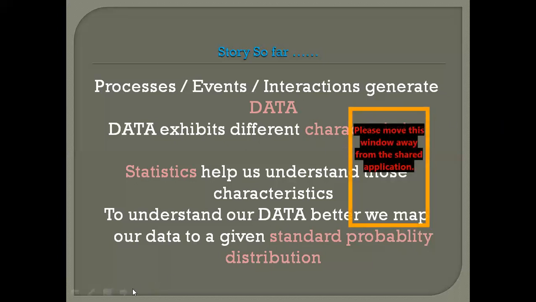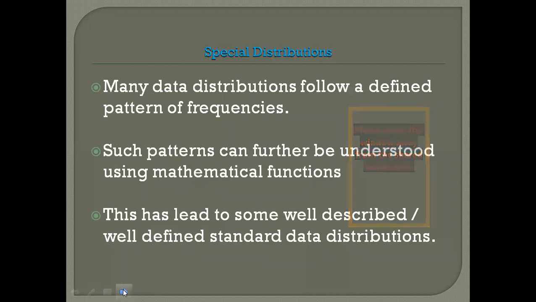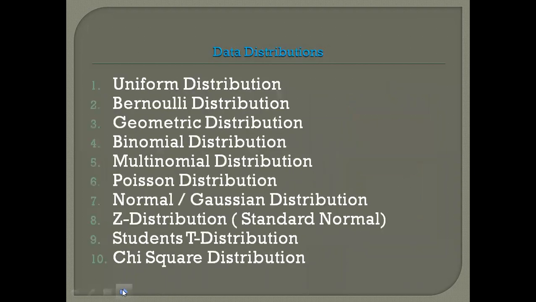Now, many distributions follow a defined pattern of frequencies, and such a pattern can be well described using some mathematical equations, and we will look into those a bit. So let's see the list which we previously saw, that we have uniform distribution.